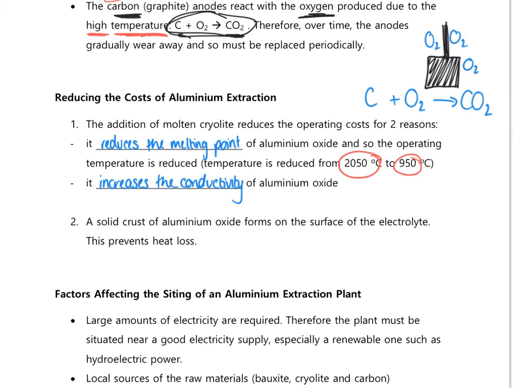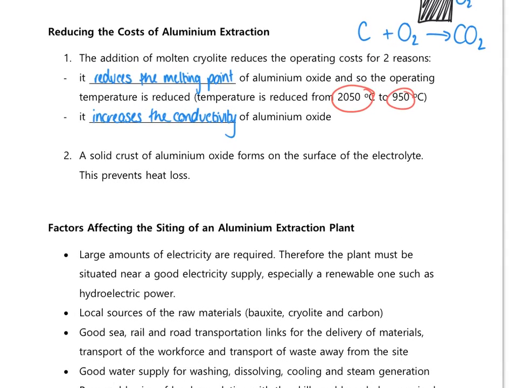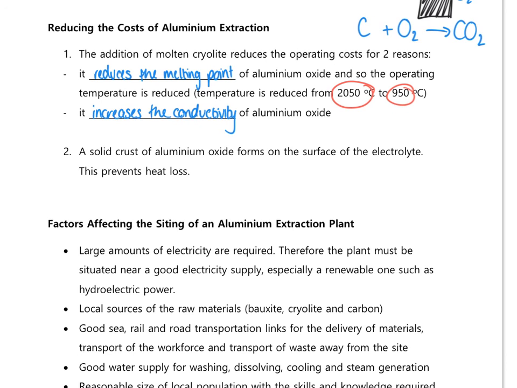The second thing that happens to reduce the cost of aluminium extraction is that when we are doing this process, the aluminium oxide that forms when it's slightly cooler at the top forms a solid crust of aluminium oxide. And what that does is keep the heat in, rather than the heat being lost from the molten electrolyte.